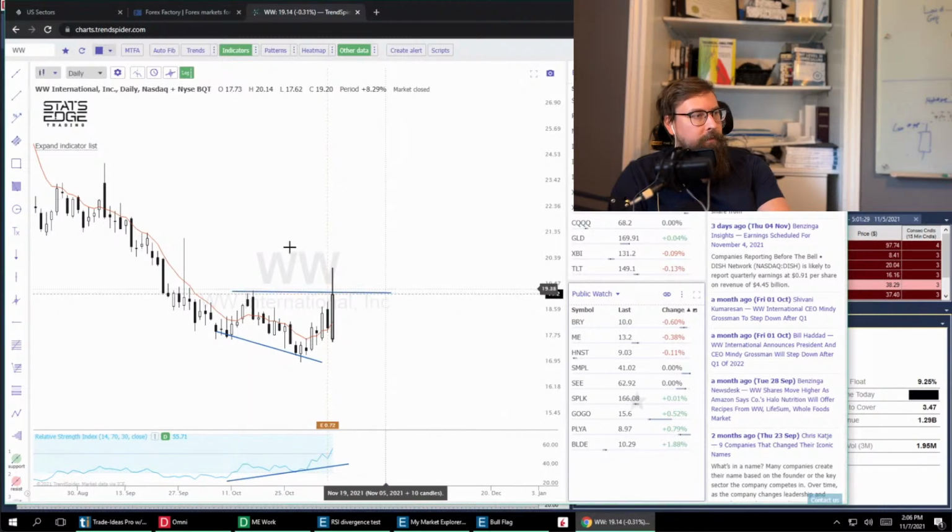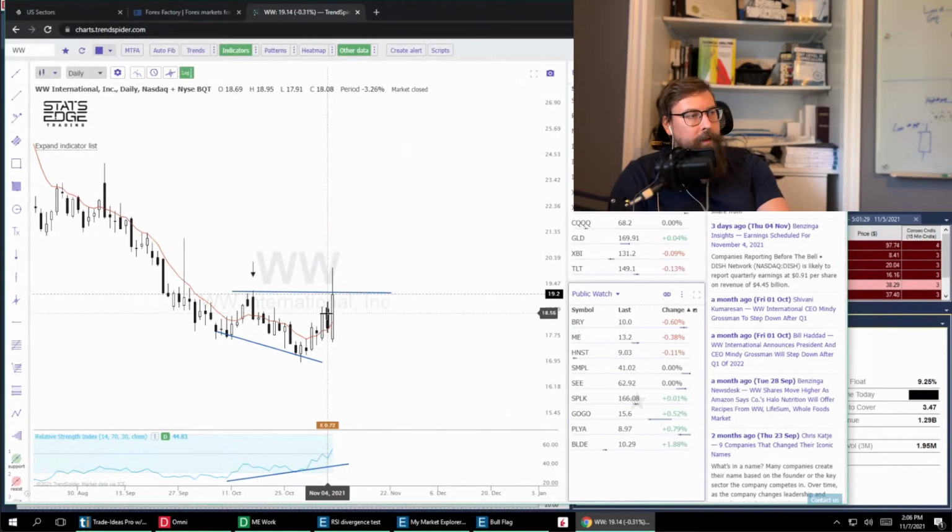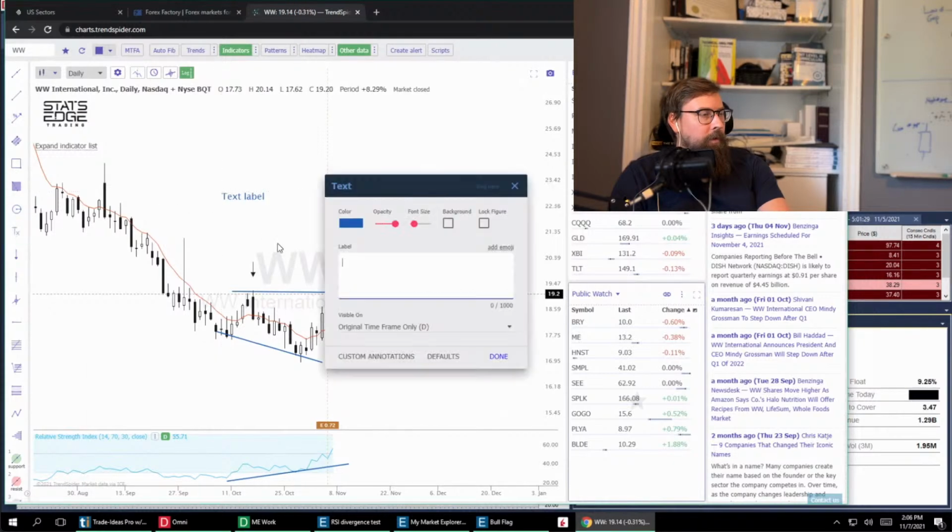This area, call it 1950, was resistance right there, and then it was resistance again yesterday on an engulfing candle. So we have this nice engulfing candle right here. If we can close above 1950, I am certainly interested in this one. So we'll watch 1950.